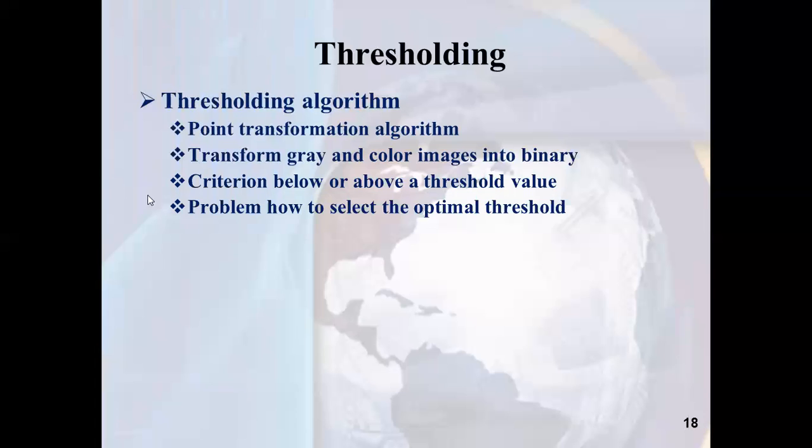The problem, and this is a serious problem, is how to select the optimal value of threshold. In fact, we cannot find the optimal value of threshold. We have to make different tests on a given picture, selecting different threshold values, and by looking at the resulting image we can find the best or the optimal threshold.